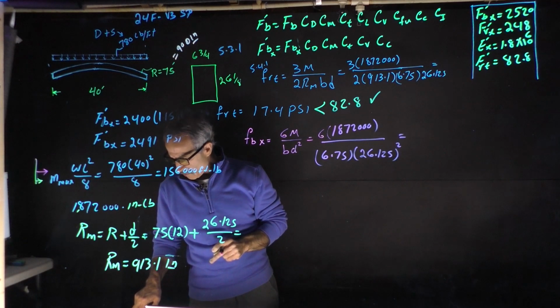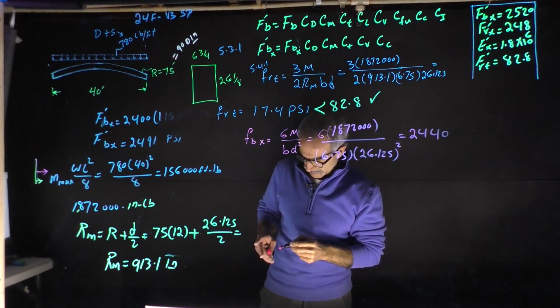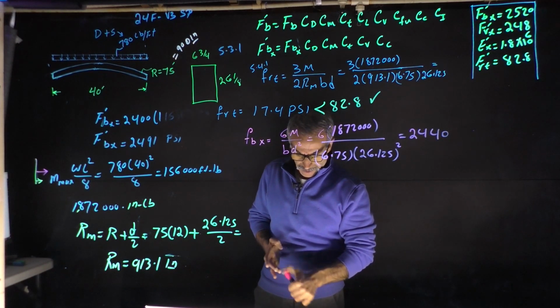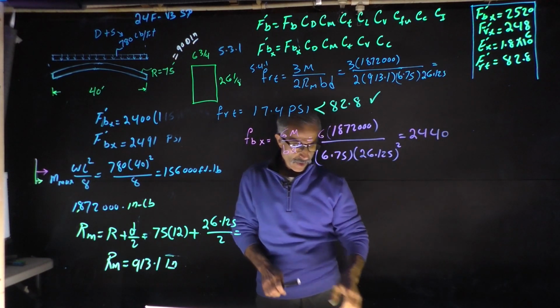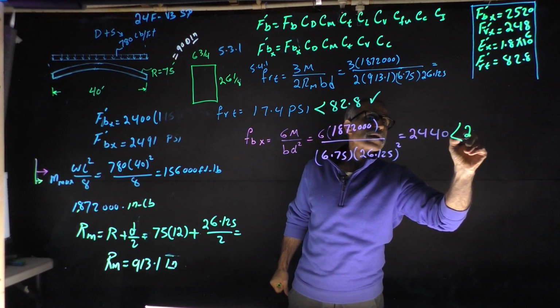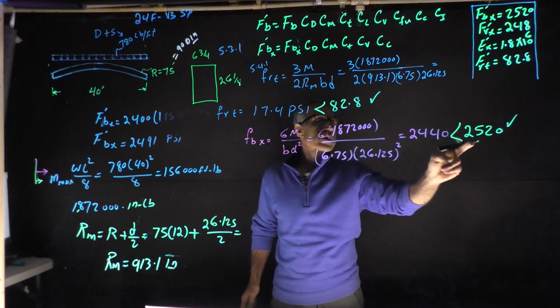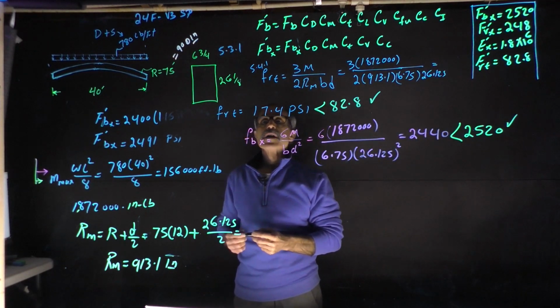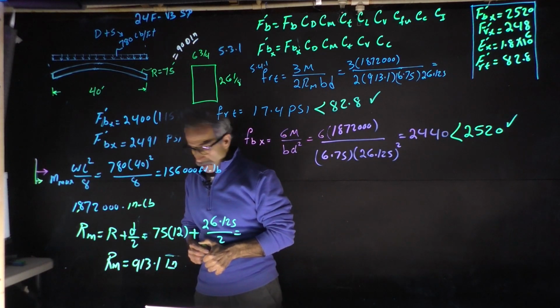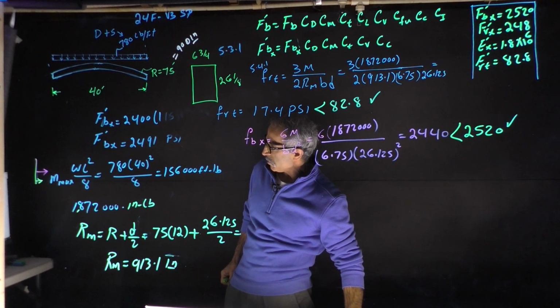That comes out to 2440. Is 2440 less than 2520? Just made it. Check. So we checked the bending and the radial stress. Let's keep going down the charts and make sure we get all of them.